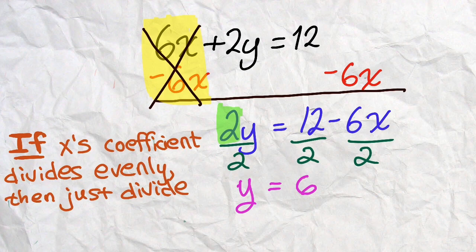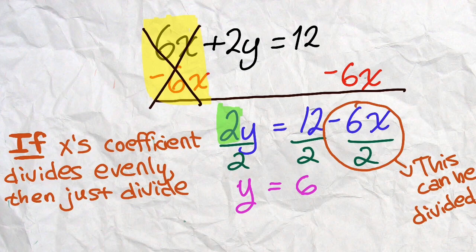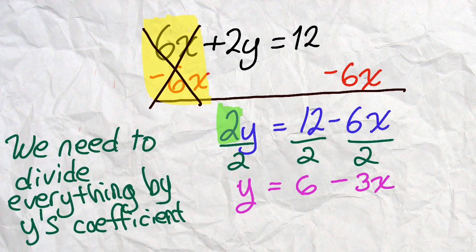If it doesn't, then you'll have to use a different step, which I'll show you in the next question. But here, negative 6 can be divided by 2. So you can actually do the literal calculation itself. Negative 6 and 2 have different signs, so the rules of multiplication and division say when the signs are different, you're going to wind up with a negative answer, and I wind up with negative 3x.